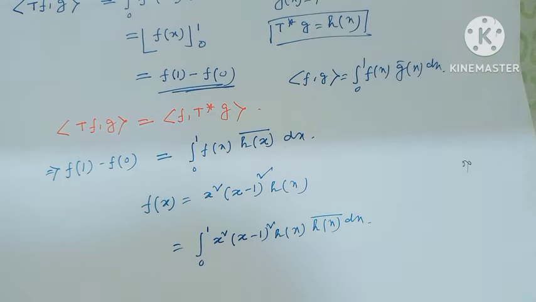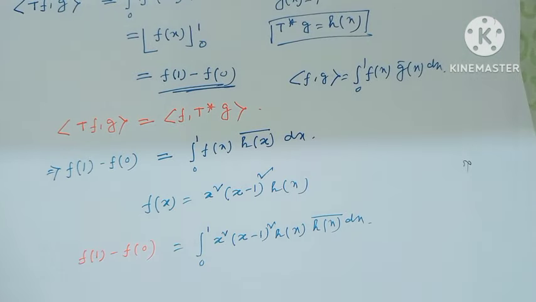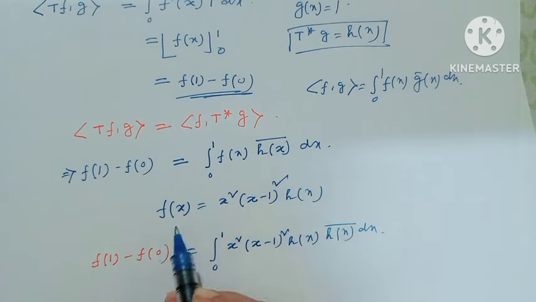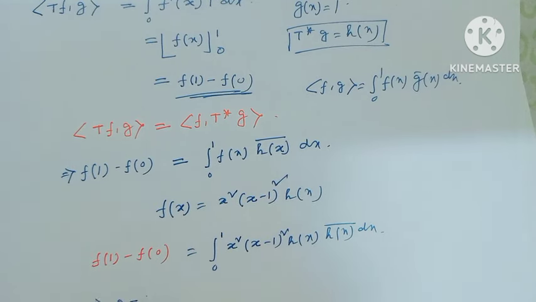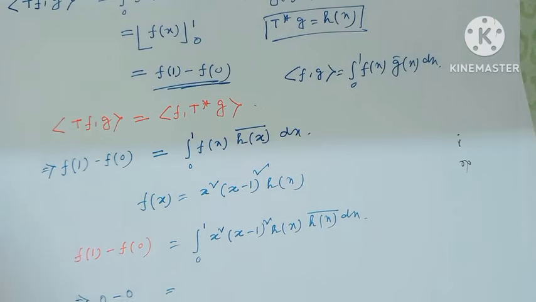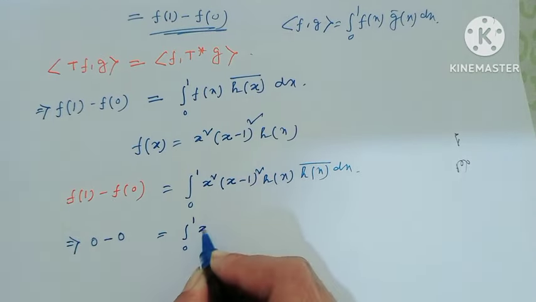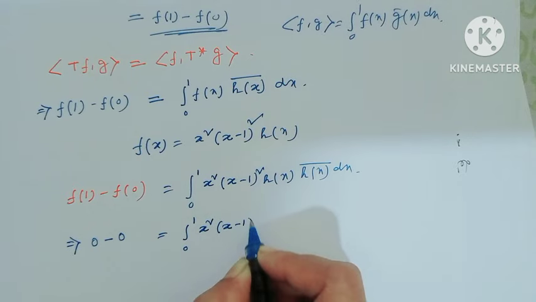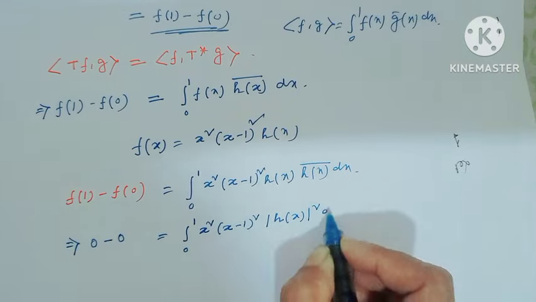And here f of 1 minus f of 0: putting in the value, f of 1 is 0 and f of 0 is also 0, so this value equals 0. So this part is equal to the integral from 0 to 1 of x square times (x minus 1) whole square times the absolute value of h(x) whole square dx.